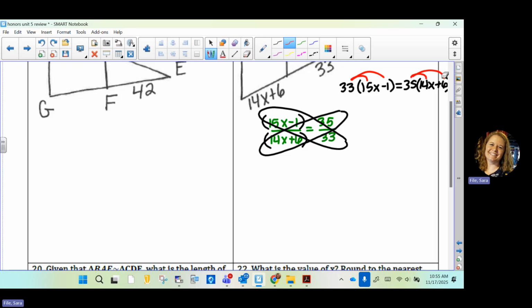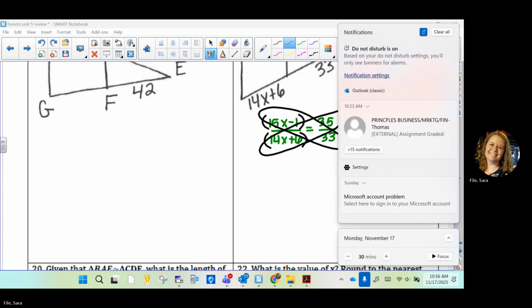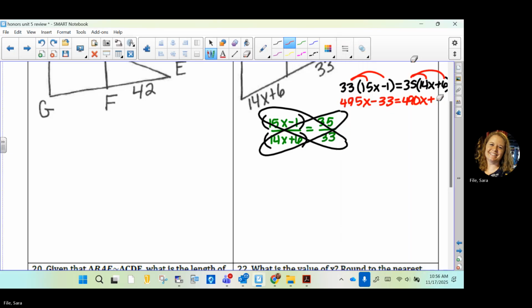So the 33 times 15 is 495. And the 35 times 14 is 490. And the 35 times 6 is 210. So then it's just basic algebra. We're going to get x's to one side, constants to the other.